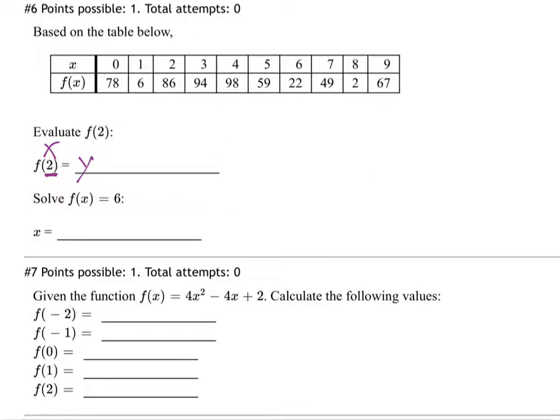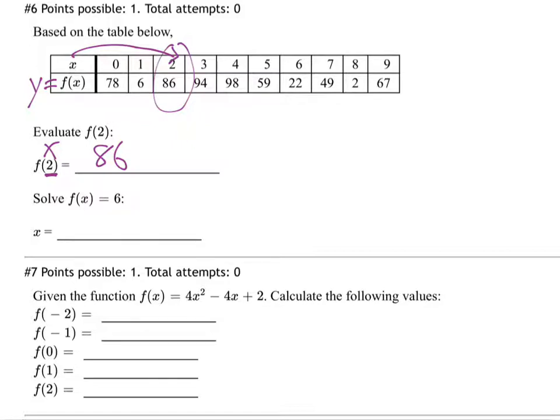Do you see it? What's the answer? 86. It's right there. This is x value 2, and this is f of x. F of x, by the way, is the same as y. Whenever they say f of x, they mean y. Same thing. 86. Everybody see what we're doing there? We're just connecting x and y, or f of x, same thing, values.